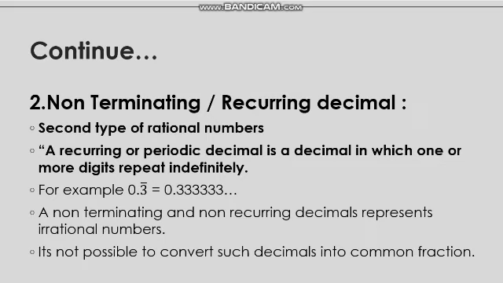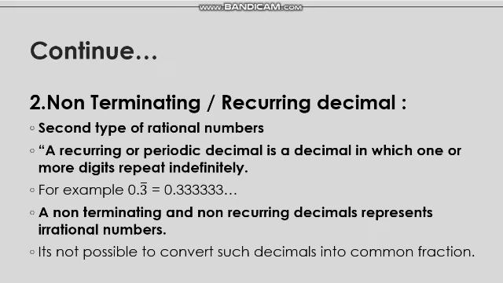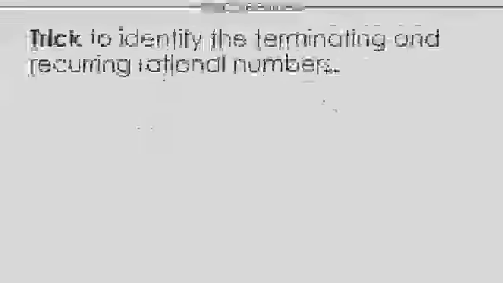Like you can see in the example 0.3 with a bar. Actually the bar represents the repetition of these numbers. A non-terminating and non-recurring decimal represents an irrational number. It is not possible to convert such decimals into a common fraction.